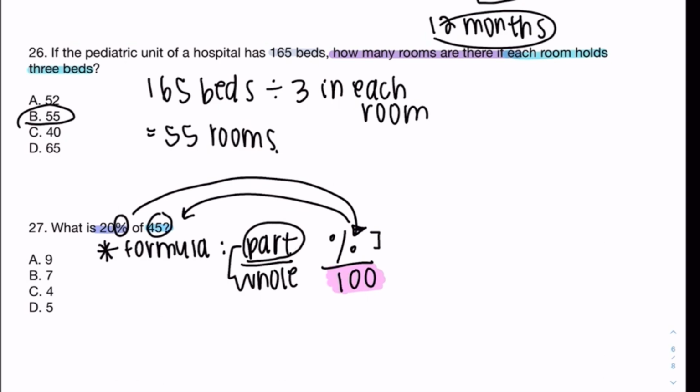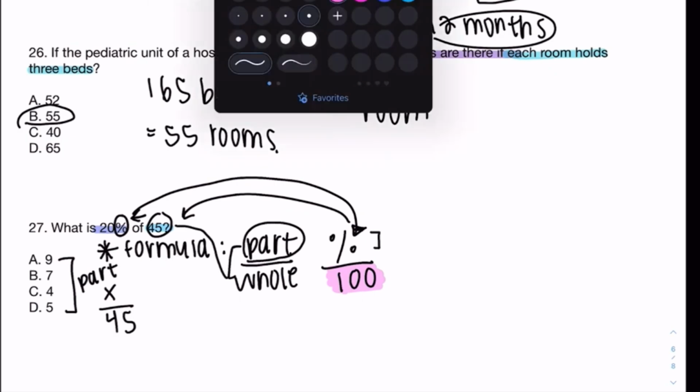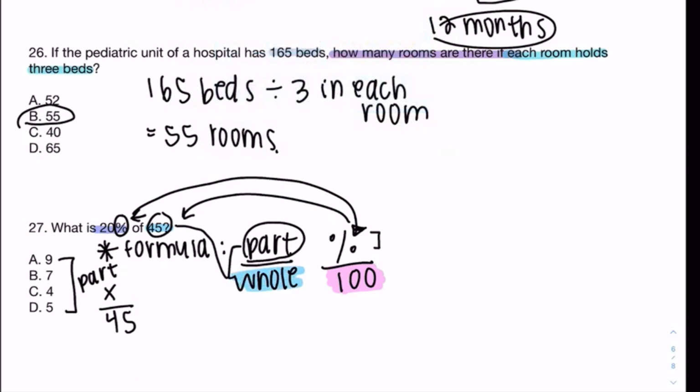45 is the whole number that we're trying to find part of, which is 20%. So the part is X. So X over 45, because 45 is the whole number.